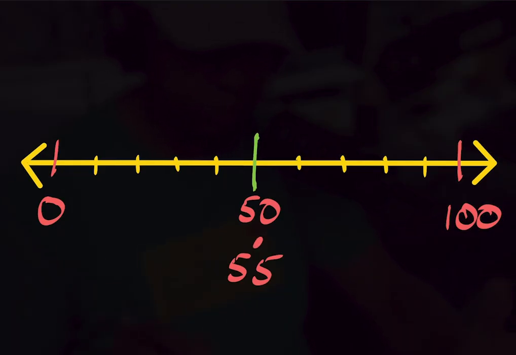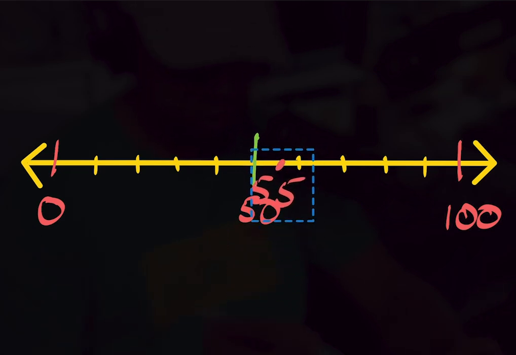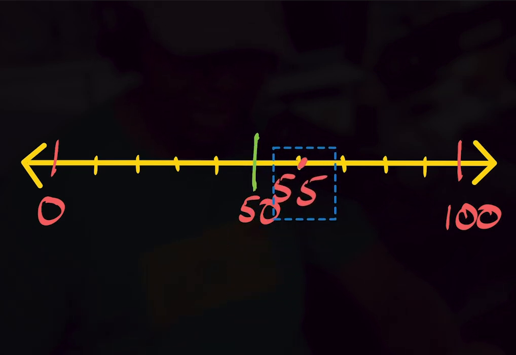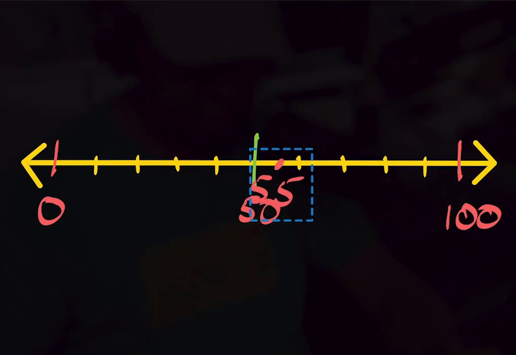And as a result, I already know the answer, and you probably do too. This is 60, so 55 is going to be right there. And because it's on the right side of the midway point, it's going to round to 100. I can write 55 is about 100.